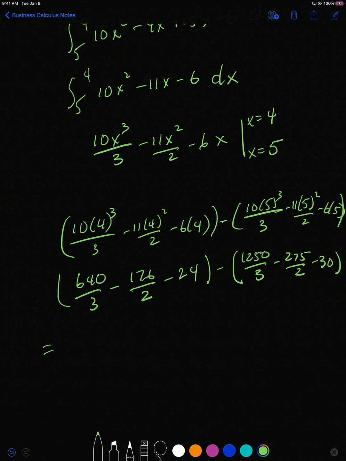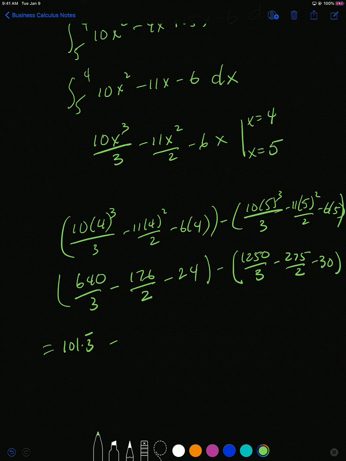And I gotta work all of this out. And so I'm just gonna type it all into the calculator. 640 divided by 3 minus 176 divided by 2 minus 24 equals 101.3 repeating.